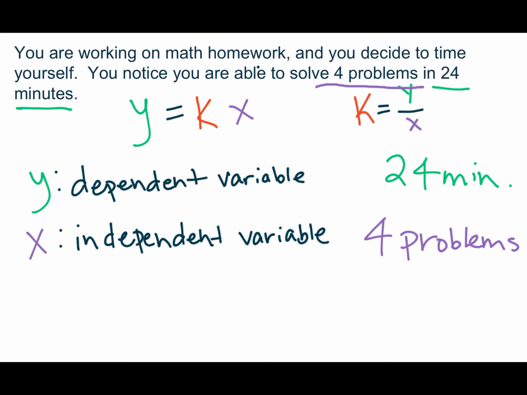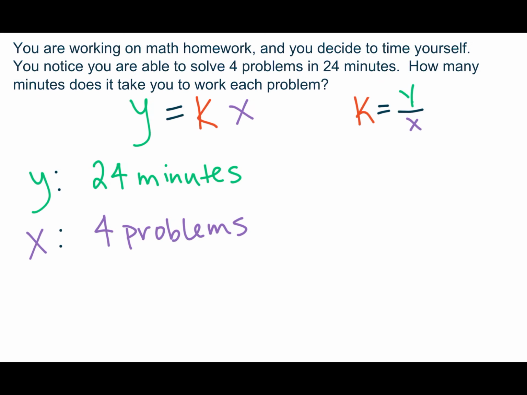Well, in this case, we're thinking about working at a constant rate. So we're saying we're going to work each problem the same amount of time. So we can't control the number of problems that we have to work on, but that number of problems does impact how much time it takes us to work.